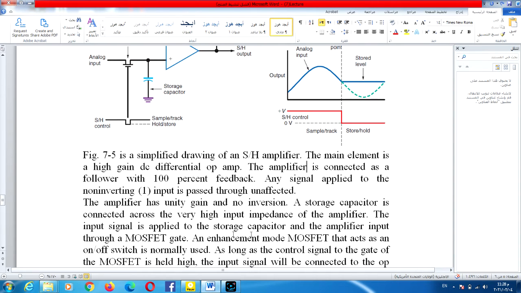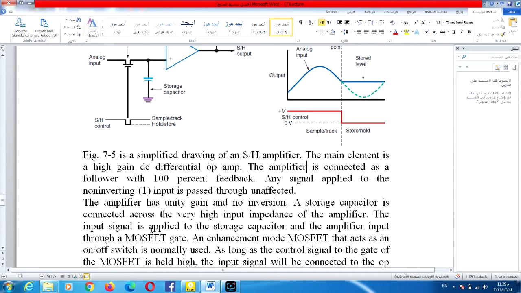The storage capacitor is connected across the very high input impedance, the high input impedance of the amplifier.